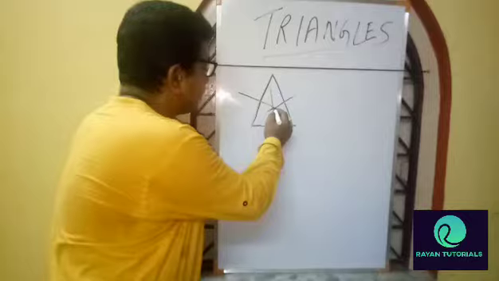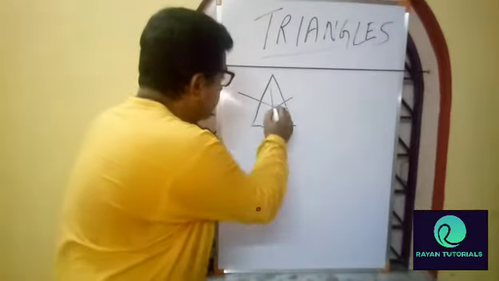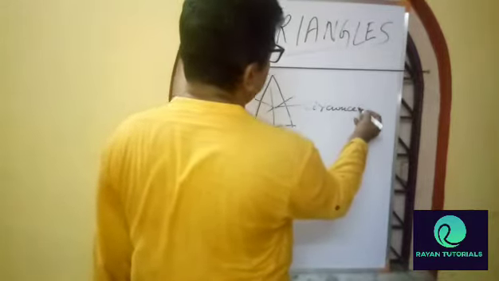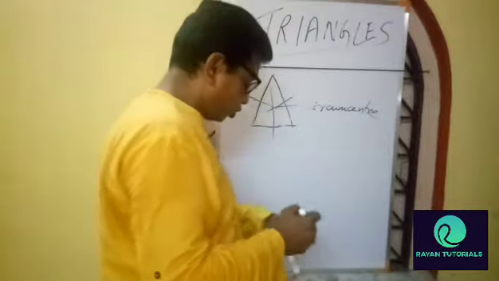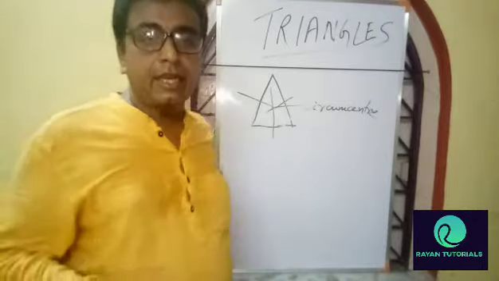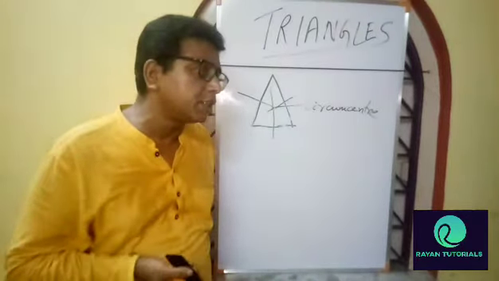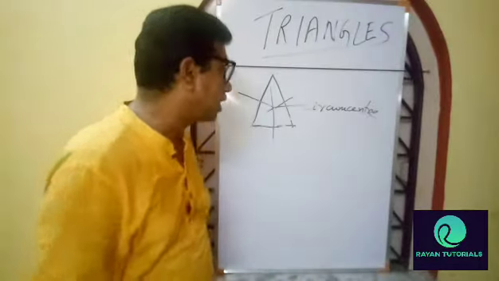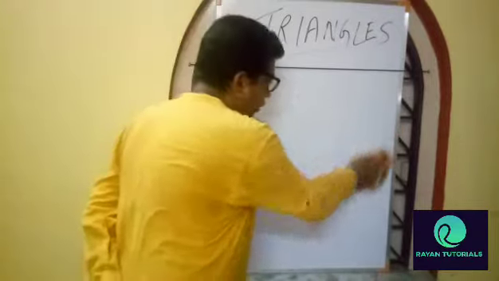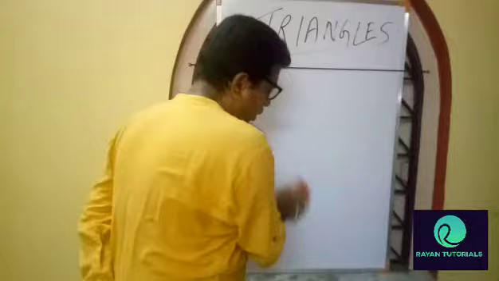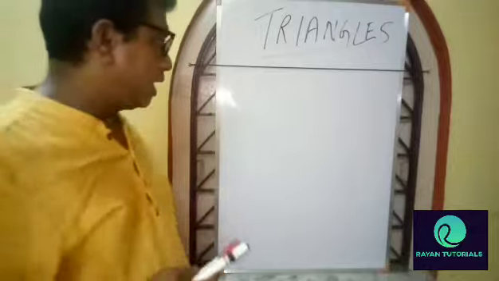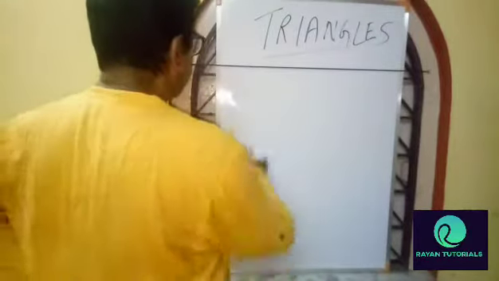So these bisectors will meet at a point, and this point is called the circumcenter. So here are all the main technical parts: median, orthocenter, centroid, altitude, incircle, circumcircle, and all. Hope by now you already remembered what we have read in the lower classes. Am I right?